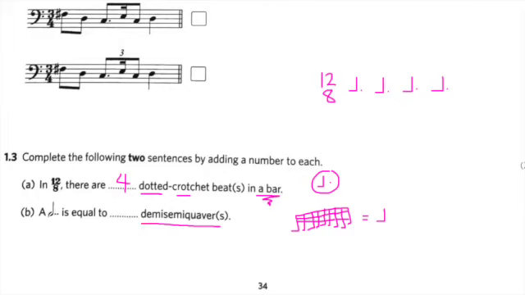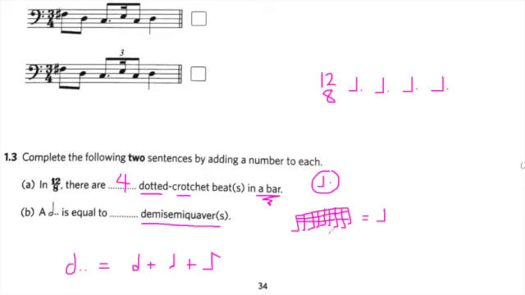Okay, so this now, double dotted minim. Write it out. What on earth is this? So you can see it very clearly. So 2 dots mean that you add a half of the note to the note value. So the note value is the minim here, and we add on a crotchet, and we further add on a quaver. So how many demi-semiquavers can fit here?